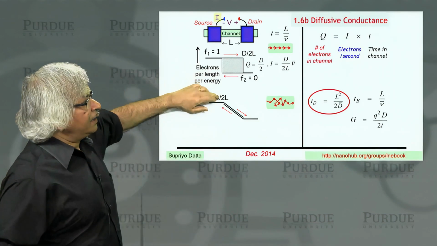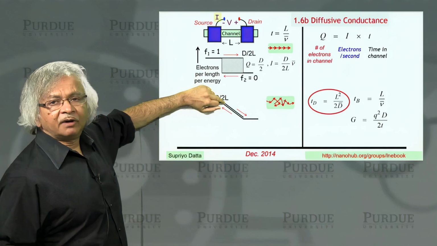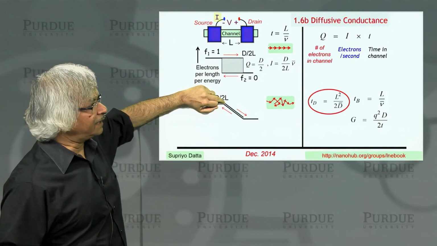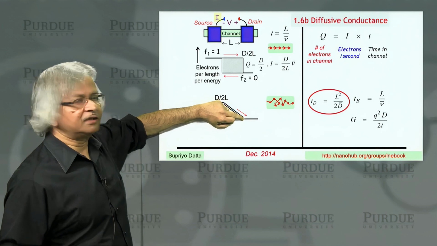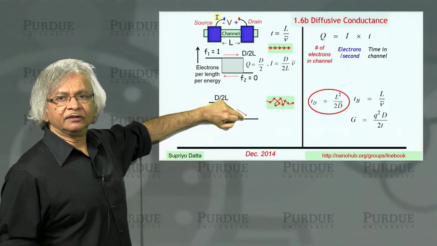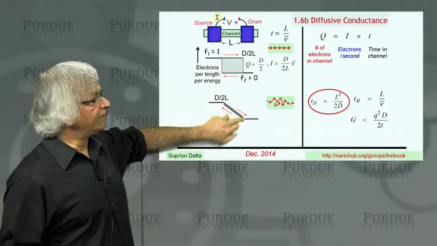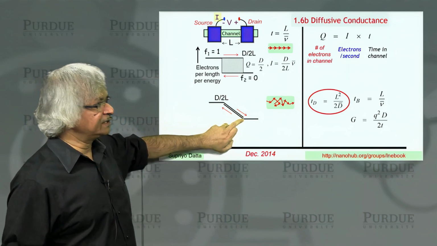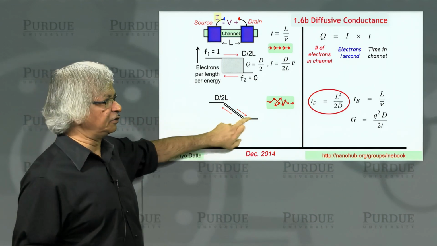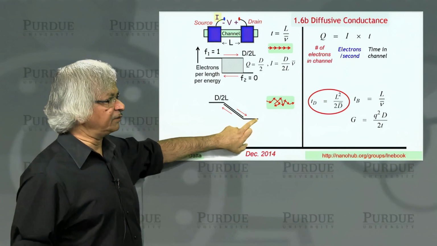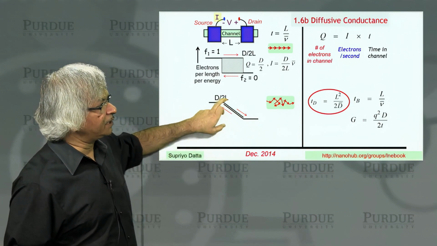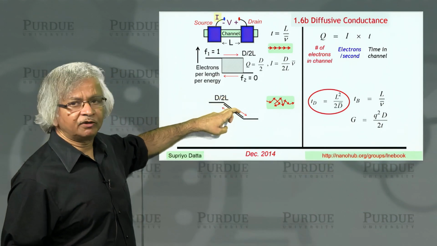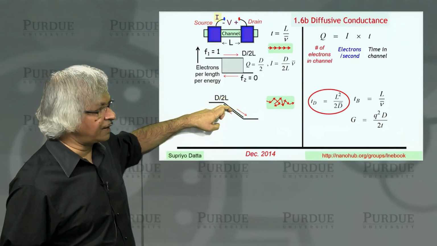So at this end, all the northbound lanes are filled, but by the time you get through your channel, the number of electrons has trickled down to some very small value at the other end. Whereas the southbound lanes are all empty here because there's no one from the drain trying to get on. But then it gradually builds up, because the electrons that turn around from the northbound lanes are actually going backwards.